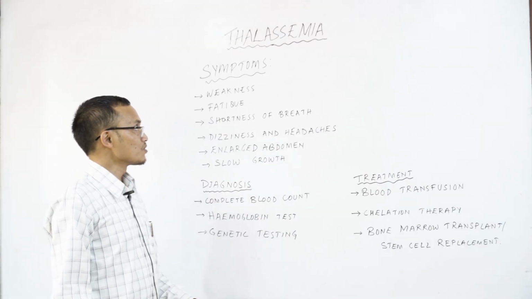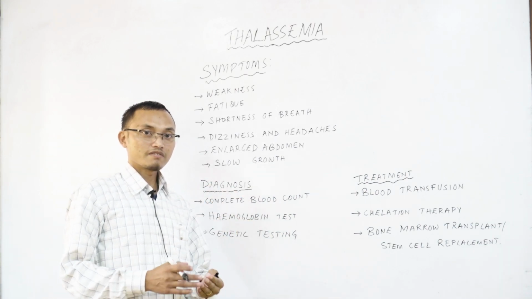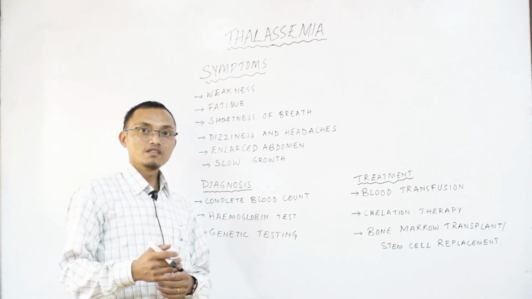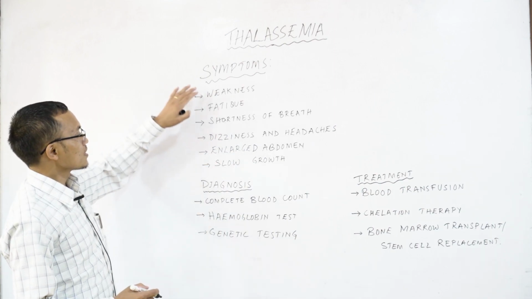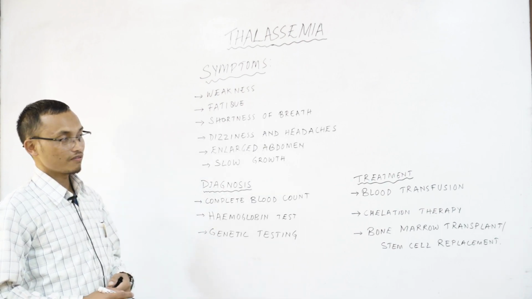So what are the symptoms of thalassemia? As I've told you, the thalassemia disease affects the oxygen carrying capacity of RBC, and that is the reduction in the number of RBC that is formed. So the symptoms include some of the similar symptoms as shown by the other types of anemia.